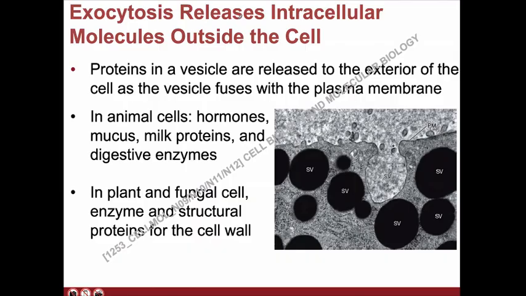Plants and fungal cells, they secrete enzymes and structural proteins for the cell wall. You can see here structures which we call the SV, the secretory vesicles, that approach the plasma membrane here. And you can see this is where one vesicle has fused already. One of your secretory vesicles already fused with the membrane and its contents have already been secreted out.